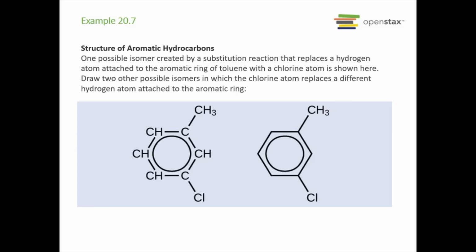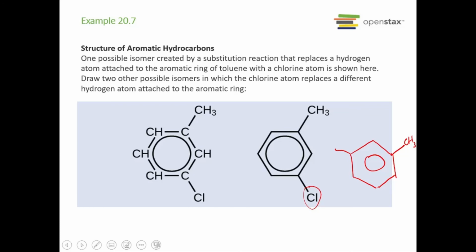So we're starting with toluene. Notice it doesn't really matter where the CH3 is because we can just spin it around and it'll be in the same place. So I'm just going to put it here to match what they did. And they've already drawn the chlorine here, so we need to put it in some other places. Because they drew it there, we technically can't say it's here because that's actually the same molecule.